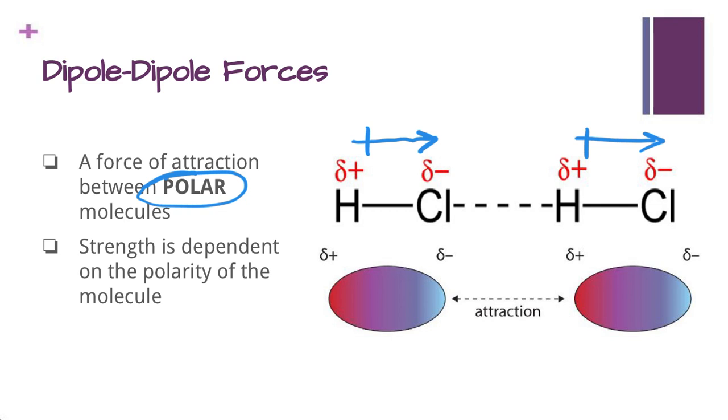When two of these molecules come close together, the end that is partial negative on one molecule is going to be attracted to the end that has the partial positive charge on the other molecule. And so they are attracted together and create this intermolecular force holding those molecules together.